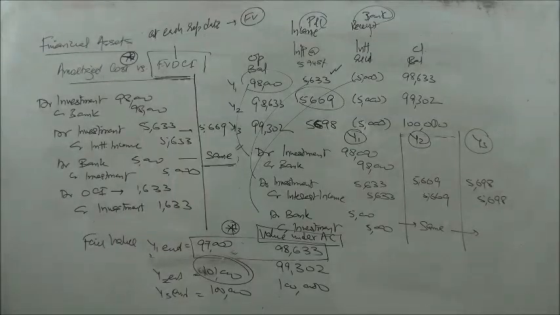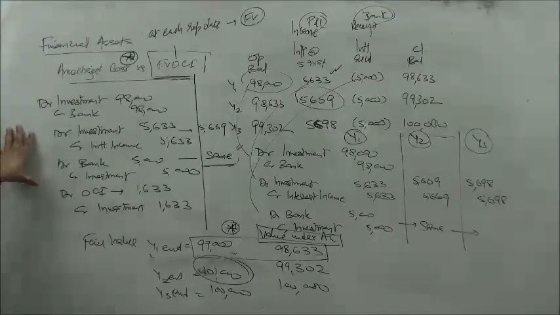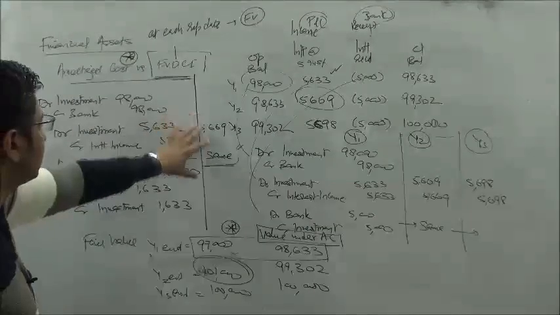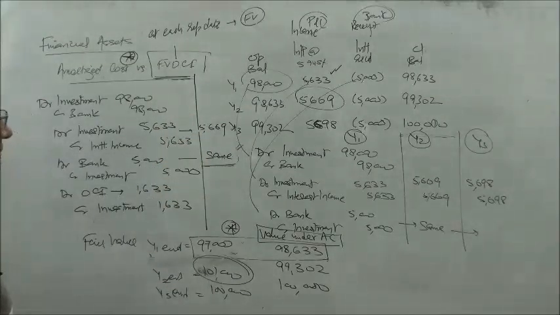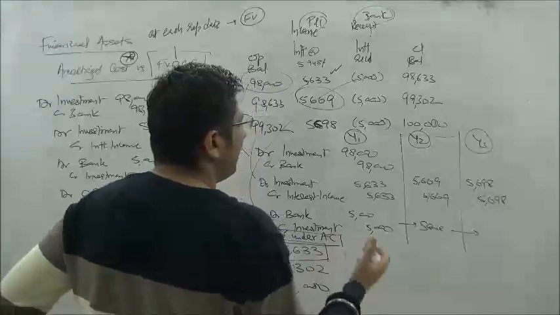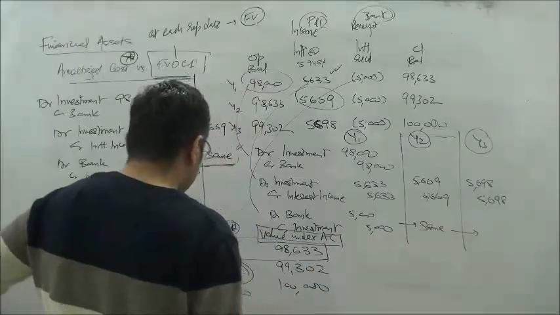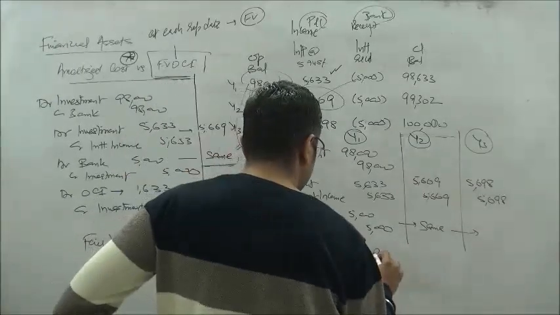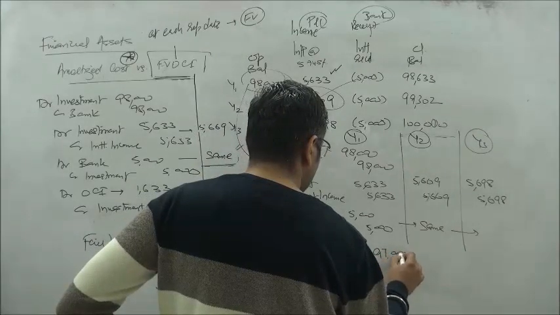Let's start to do that calculation right away. We are saying in year 2, I would showcase a gain. Let us do this accounting. 5669 has come here, 5000 would come here, but against my opening balance, I'm showing this value at 97,000.